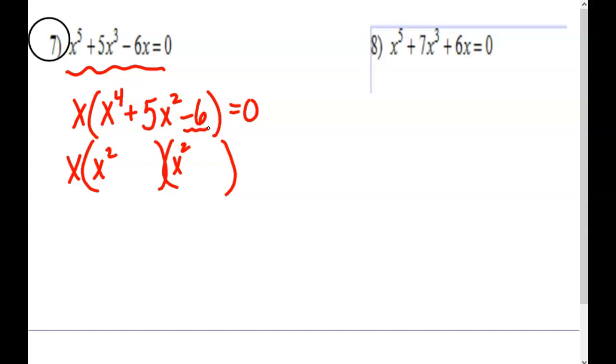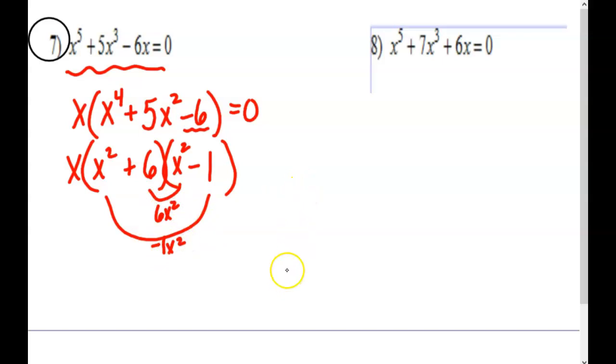How do you get a negative 6, guys? Different signs, okay? So if the signs are different, what's going to make 5? Yeah, I think 6 and 1, because we need a positive 6 and a negative 1 so that we get a positive 5x squared.